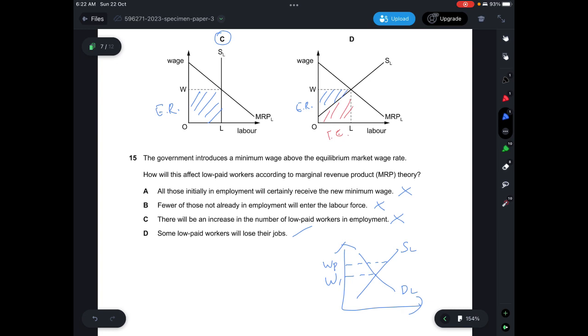So if your demand decreases, then of course some people will lose their jobs. There will be unemployment from this point to this point of the arrow that I drew here. So definitely some low-paid workers will lose their jobs instead of the other three options on top. So answer is D.